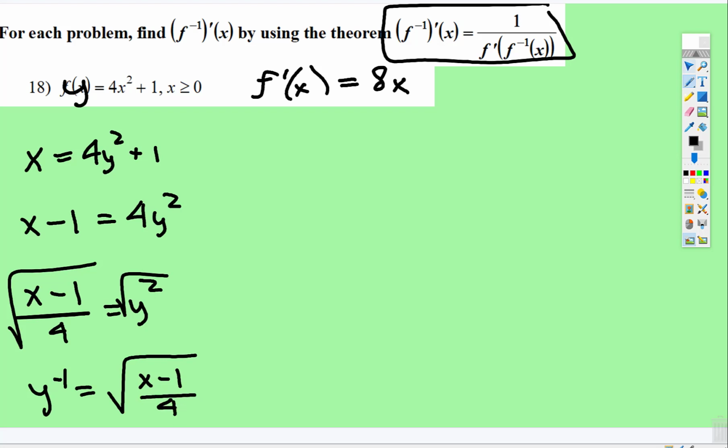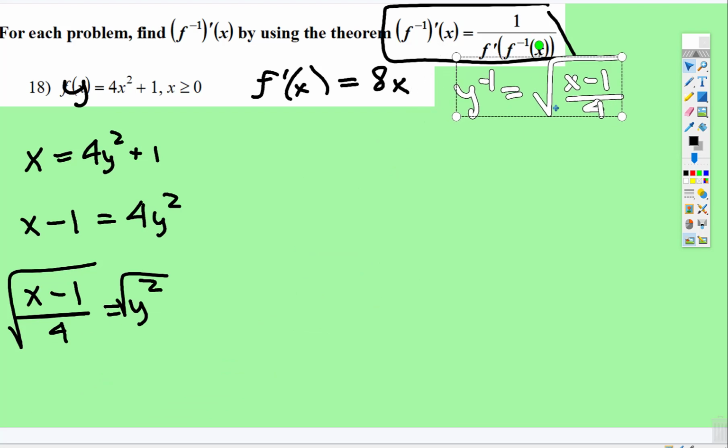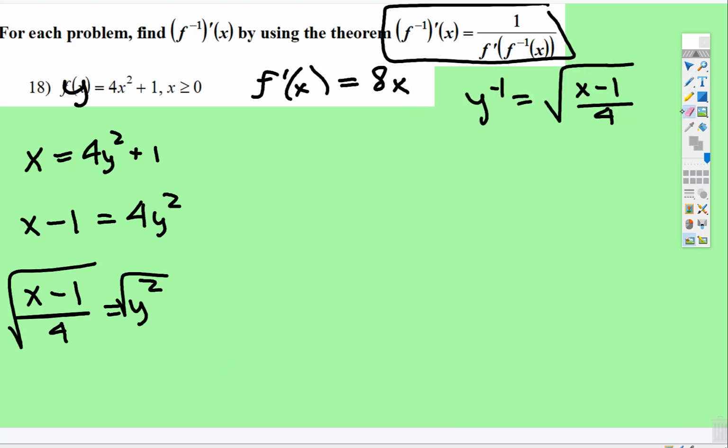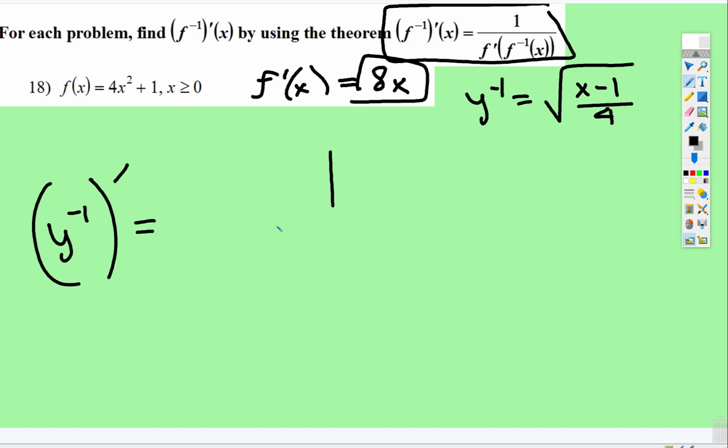All right, so I'm going to move this over here. Now we can plug it into that formula. So here's our derivative: 1 over our f prime, which is 8x.